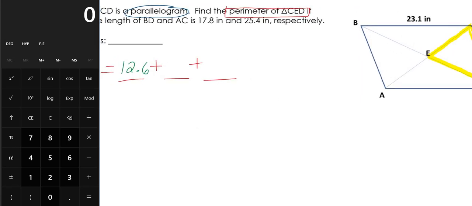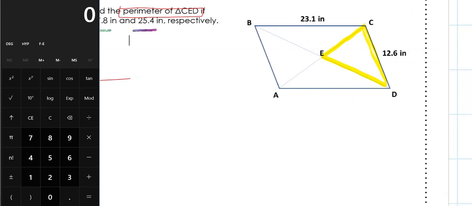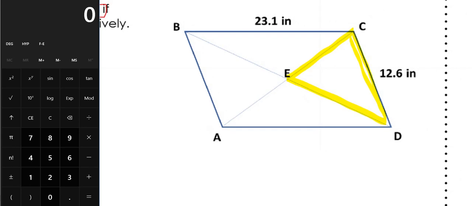Okay, they also told us that our 2 diagonals were 17.8 and 25.4 inches respectively. All right, let's take a look. Now, if they're telling us diagonal lengths, there's something that you have to know about the diagonals before we get started. In a parallelogram, when diagonals cross, and we've talked about this before, they cross at the midpoint.